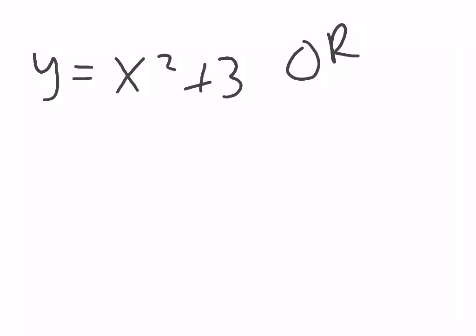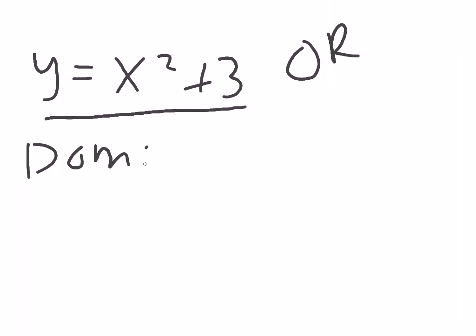Let's talk about what the domain and range would be. The domain of my original relation becomes the range of my inverse relation. So for my inverse relation, it would be the range.